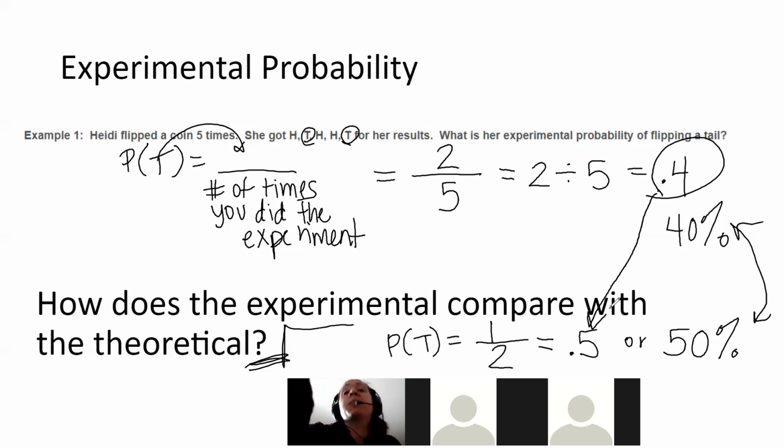And I only did my experiment 5 times. That's my hint. What could she do? Yeah, maybe not one more time. Maybe she could keep flipping it. Maybe she could do a lot more experiments, right? Yeah, no, you're right. The more that she does the experiment, the closer she's going to get to that theoretical probability. Okay, so she could change that about her experiment if she could do it more times. Very good.